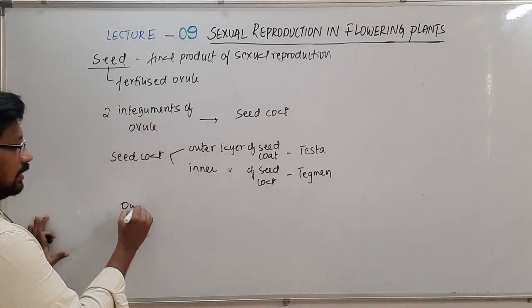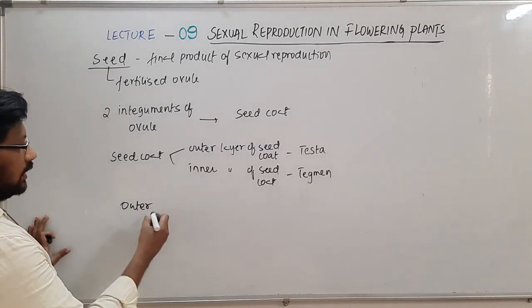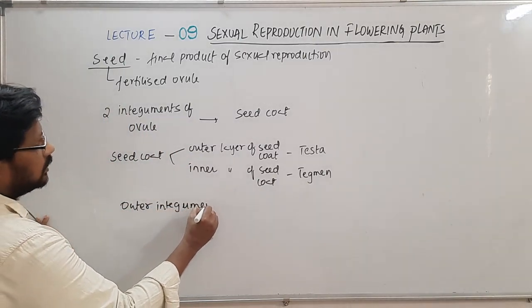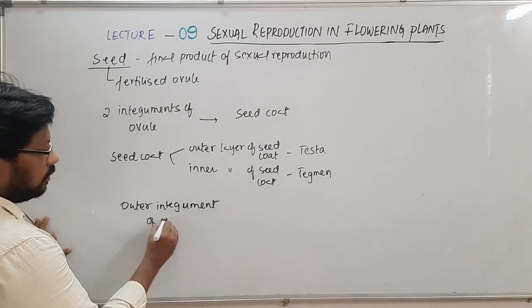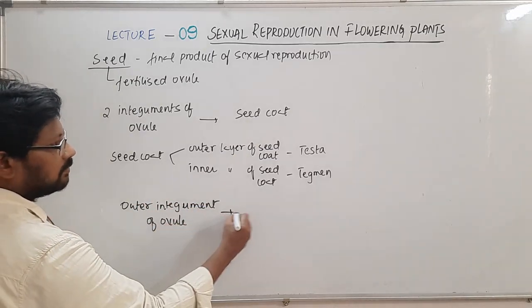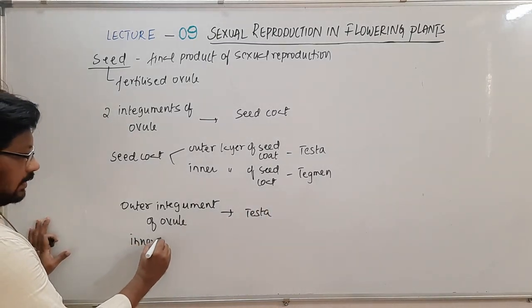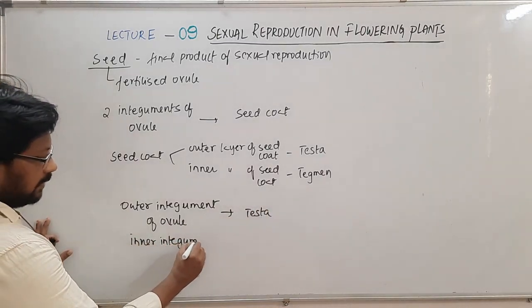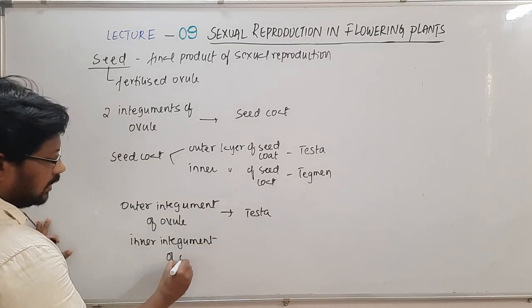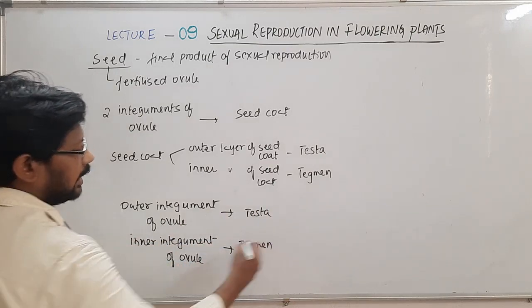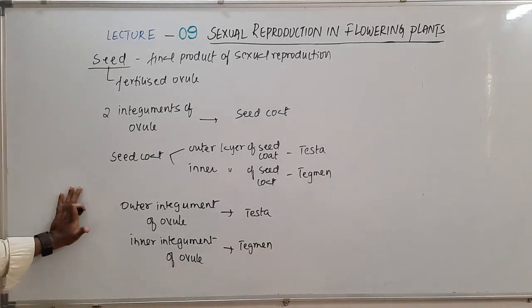So otherwise I will write here, the outer integument of the ovule will develop into the testa, and then the inner integument of the ovule will develop into the tegmen, right?